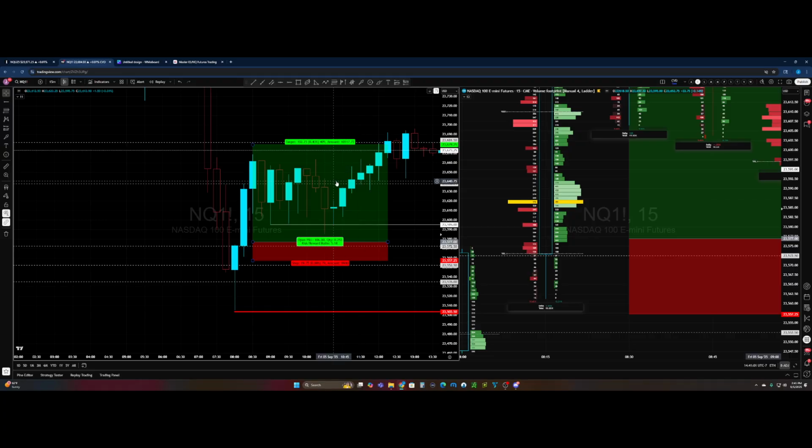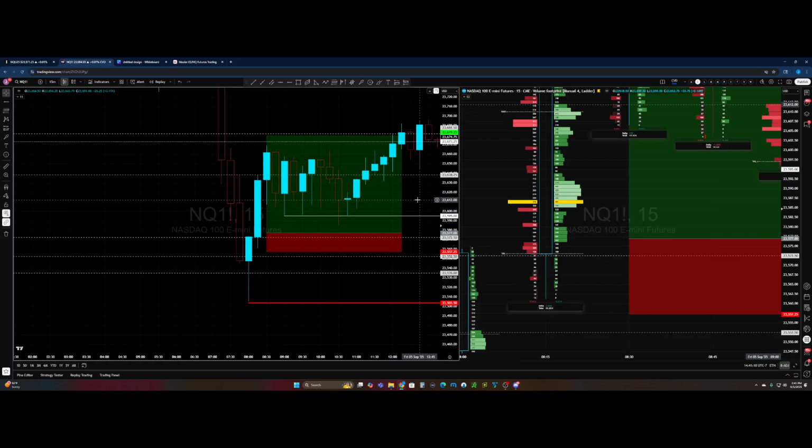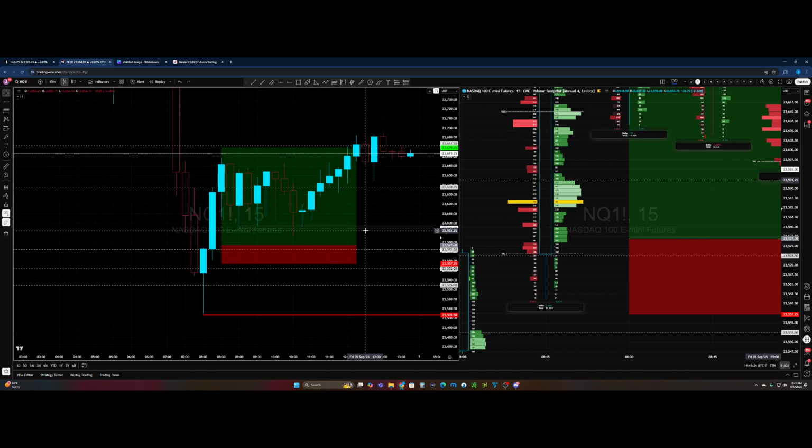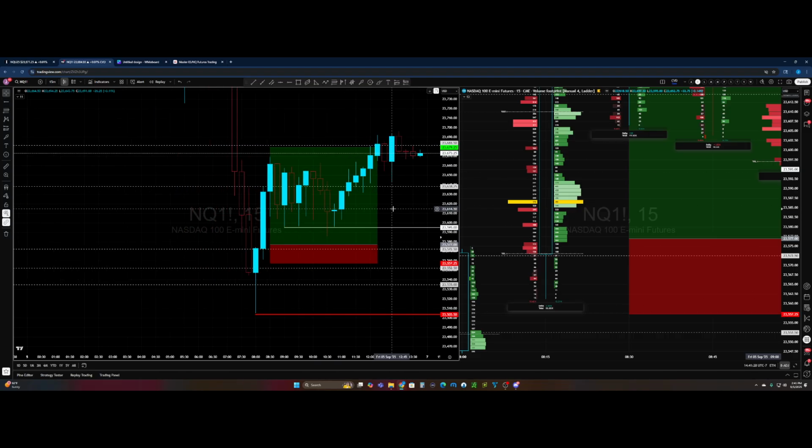But I don't know how you trade. I don't know what stage you are as a trader. Please do not sit in front of your screen staring at this price action. Set your stops, pick your trades, pick your areas of interest, add your levels, your different layers of confluence, set your trades, set your stops, and then go do something else.